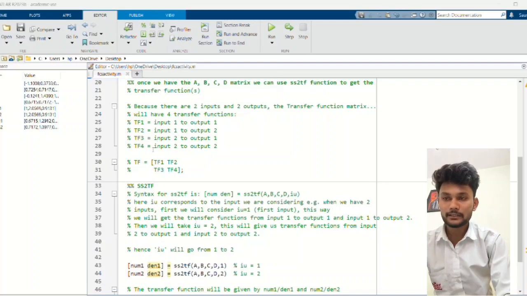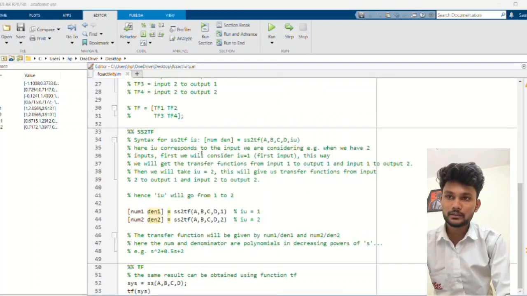The syntax for ss2tf is [num,den] = ss2tf(A,B,C,D,iu). Here iu corresponds to the input we are considering. For example, we have two inputs. First we consider iu equal to 1, that is the first input.